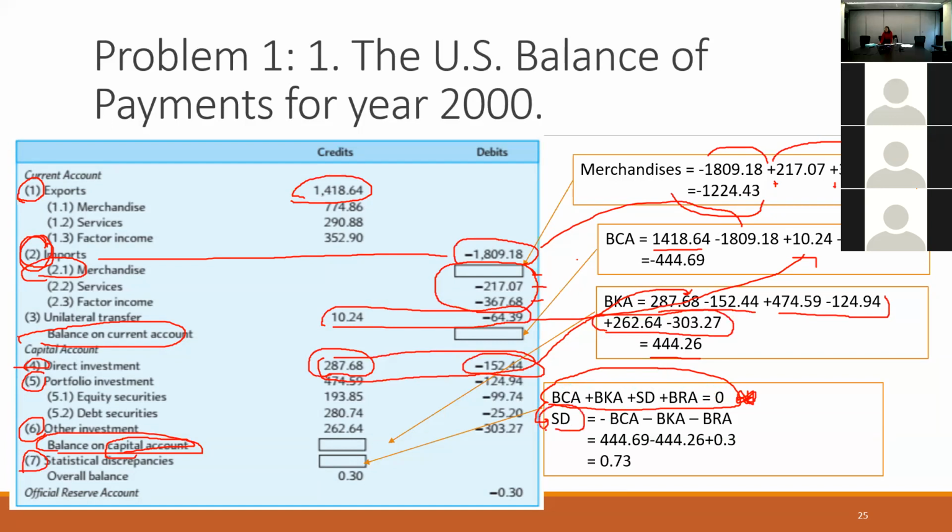What we want to find is the statistical discrepancies. So what we want to do is rearrange the equation, bring everything else to the right, and leave the statistical discrepancy on the left, right?